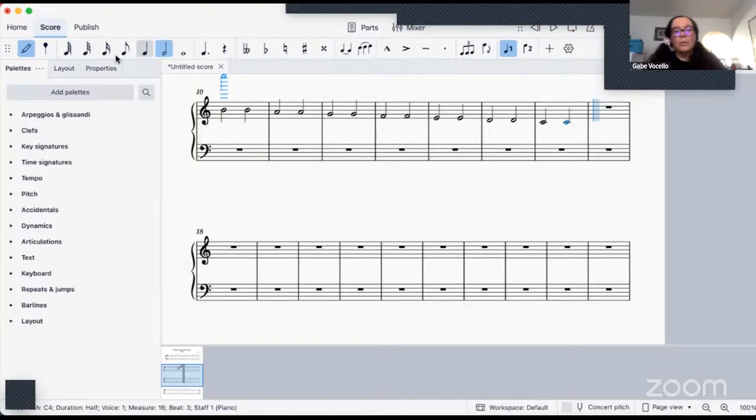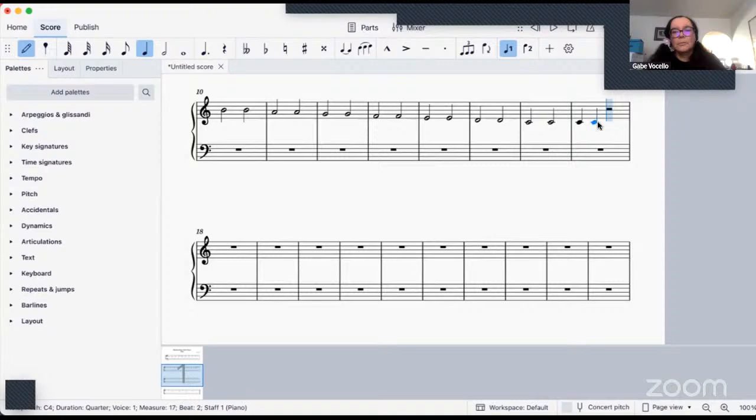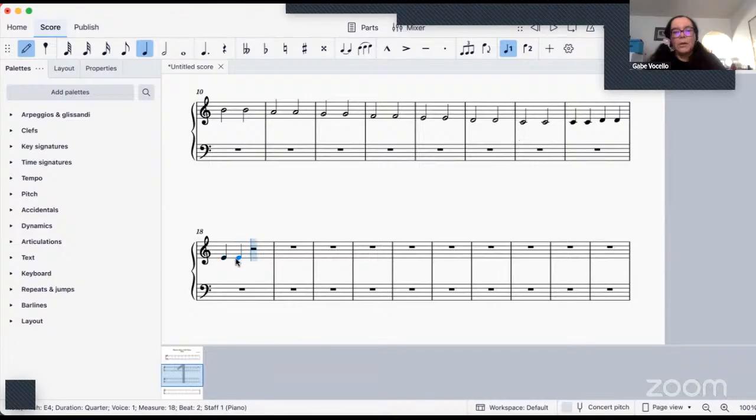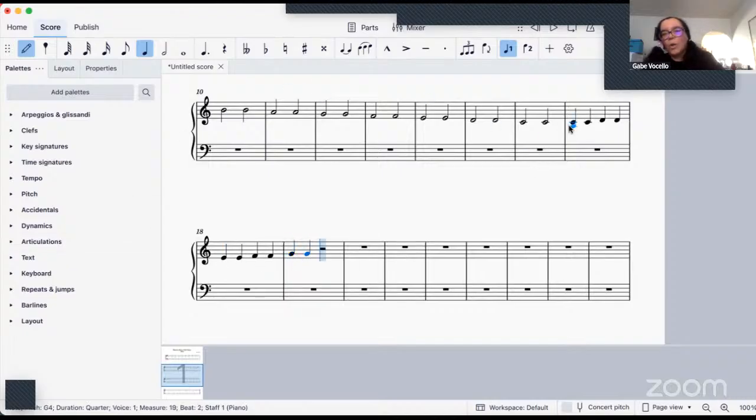Quarter note. Quarter note is the colored note head with the stem on the right side of the note head or on the left side.